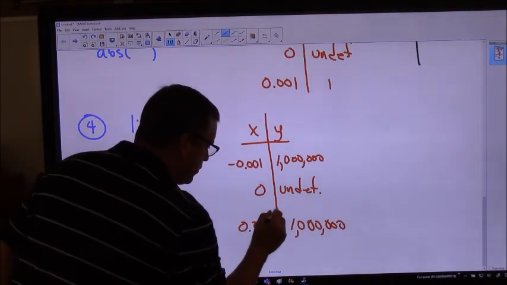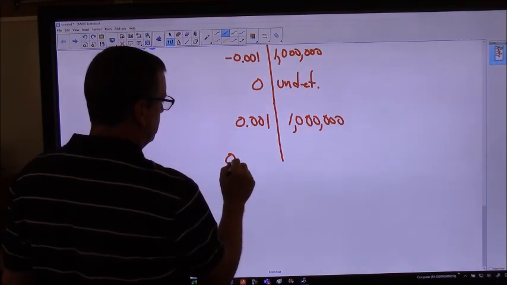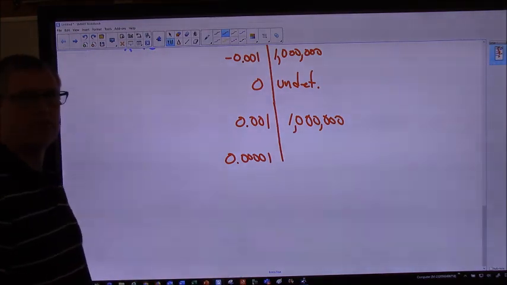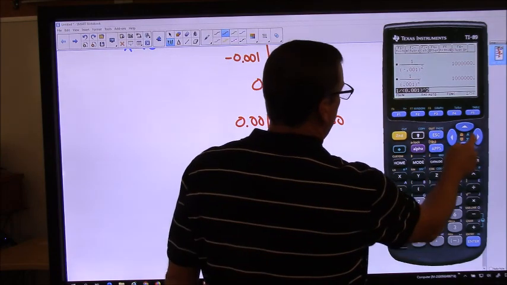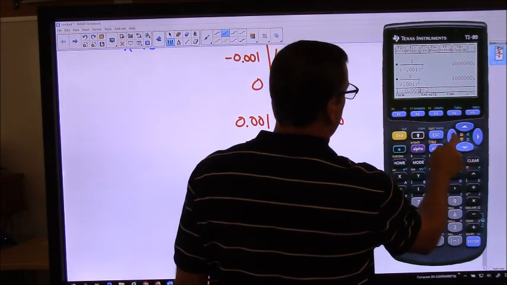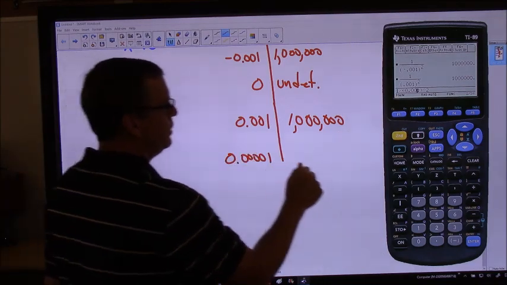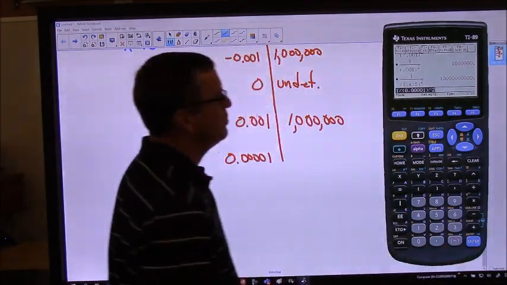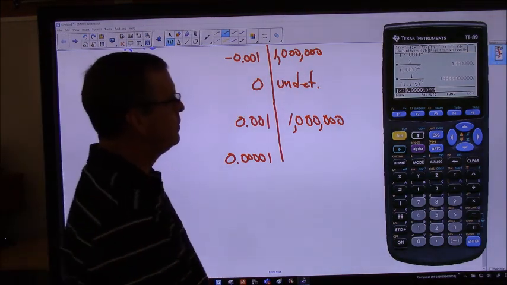What if I put another number in here closer to 0? Let's just double check and make sure. All I did was add 2 more zeros, 0.00001. And now my answer is, ooh, it got bigger.